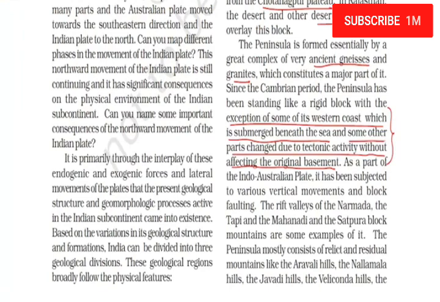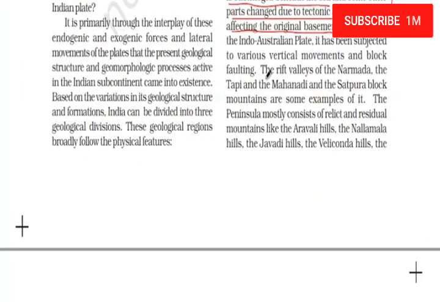And then we need to observe about the Rift Valley. The Rift Valleys of Narmada, the Tapi and Mahanadi and the Satpura Block Mountains are some examples where the Indo-Australian plate is subjected to some sort of vertical movement.